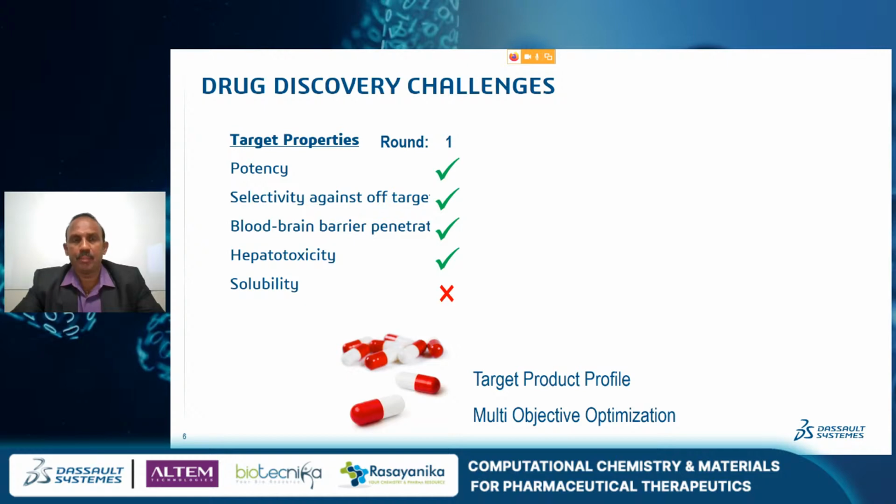I have to have a compound which is highly potent, whose selectivity is off target, which has blood-brain barrier penetration, which is not hepatotoxic, which has good solubility and many other properties. So when I take a single compound or a multiple set of compounds, I have to iteratively develop a lot of compounds which match each of these target properties.